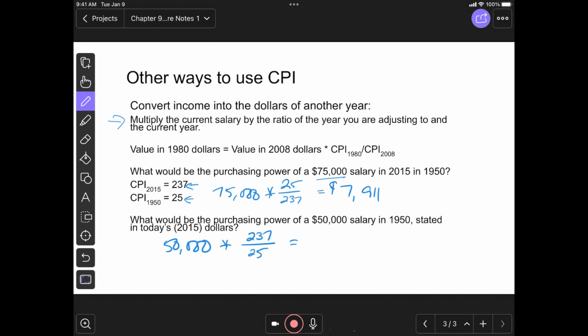And so that works out to $474,000. So again, what that's telling us is that in order to have the same purchasing power as you would have had in 1950 making $50,000, in 2015 you'd have to make $474,000.